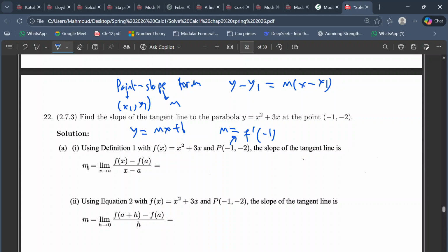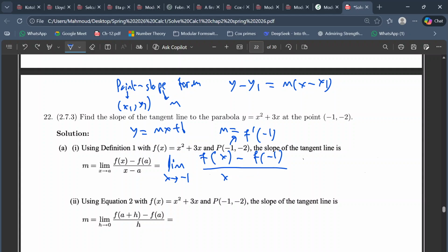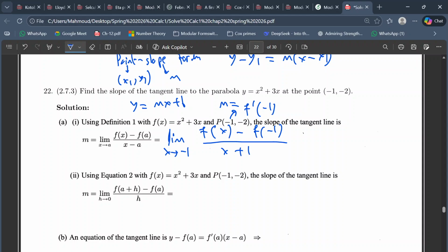What is the slope? Using the definition, right? So the limit as x goes to minus 1 of (f(x) minus f(-1)) over (x minus (-1)), which becomes x plus 1. And then this equals what?